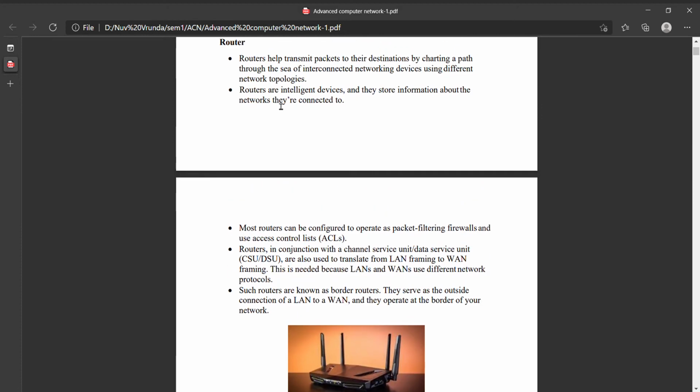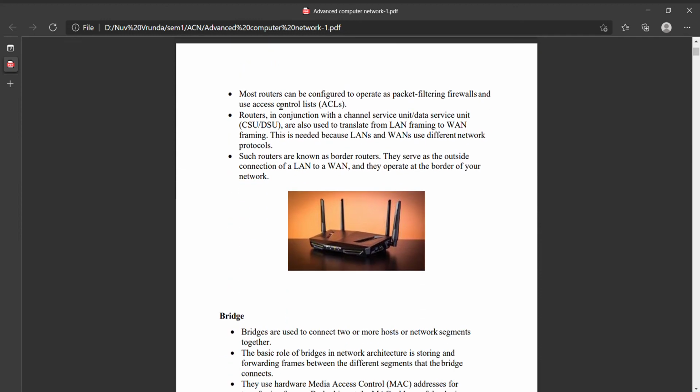So an IP address is directly connected with the network devices which are available on a network. Most of the routers can be configured to operate as packet filtering firewalls, using access control lists, ACLs, and all these things. There are also many types of routers available.